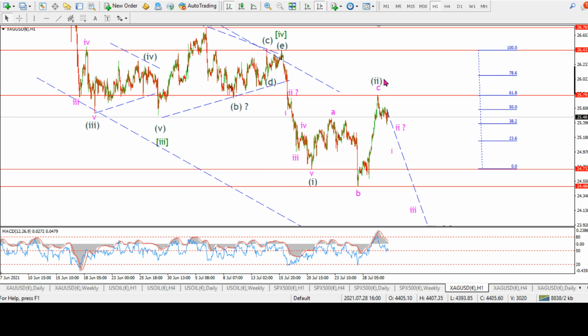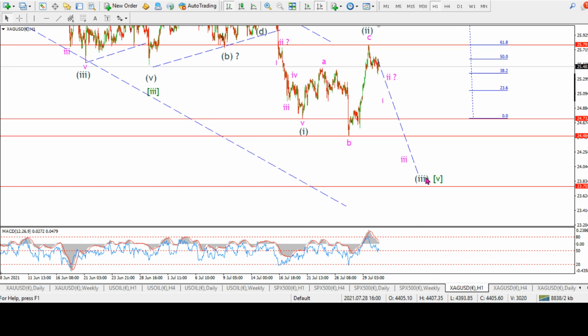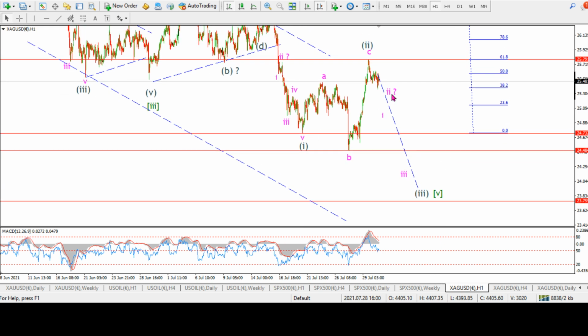So I've got wave 1 and 2, and the possibility of a decline into wave 3 of 5 next week. If we break below 25 again, that would be a serious hint towards the idea that we are beginning wave 3 of 5 now.